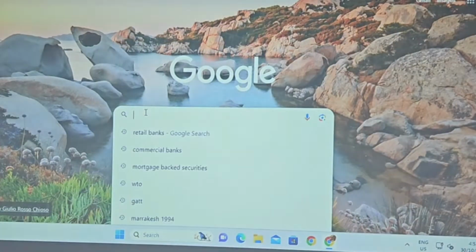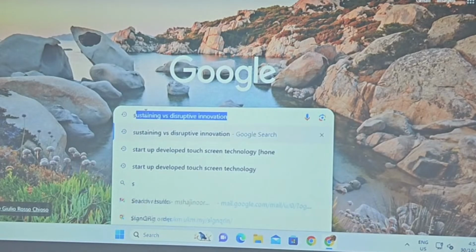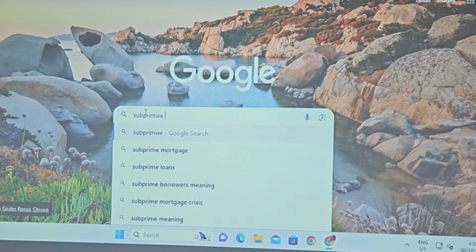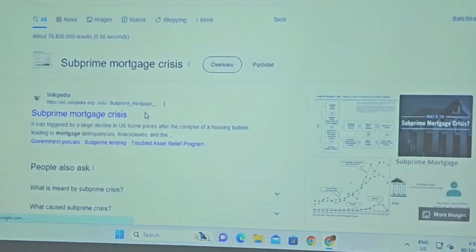Subprime crisis: the price went down and the value of houses went down.